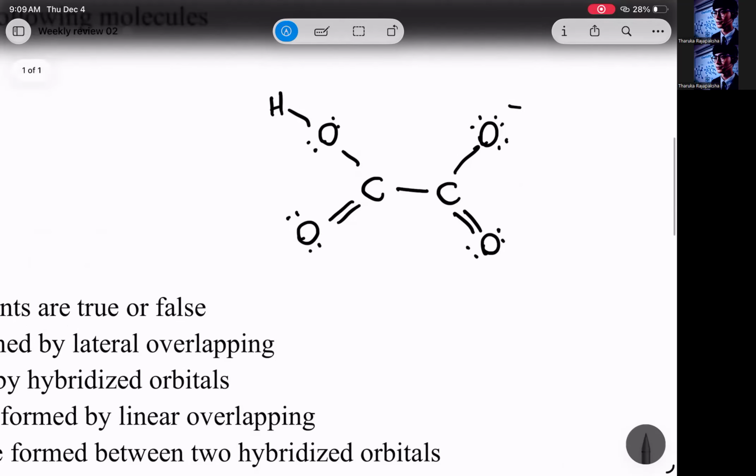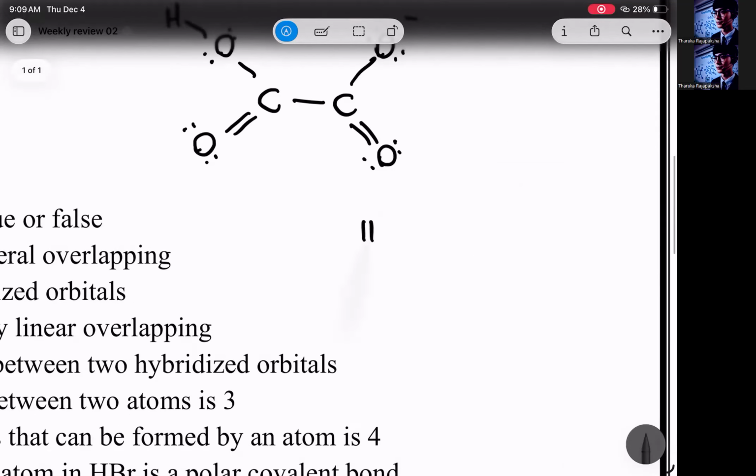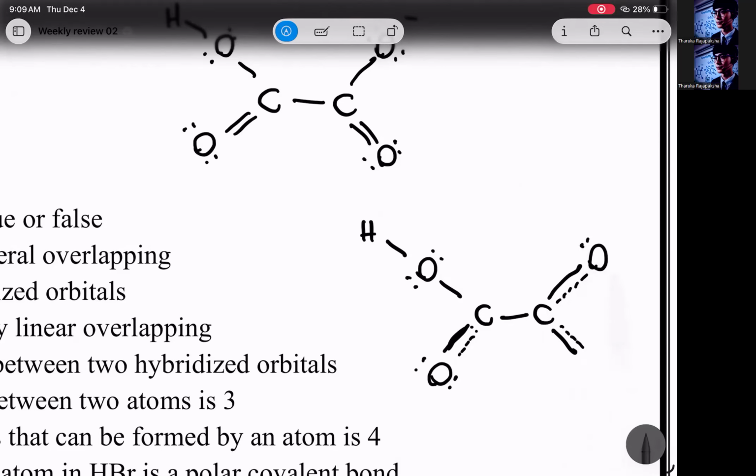So when you overlap them, you can see now the oxygen here doesn't have a pi bond. So you can draw a dotted line here and dotted line here and dotted line here. Now, what's the charge that you're going to put?